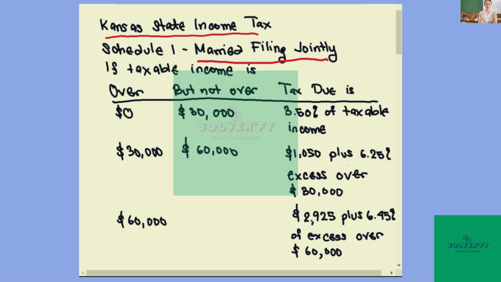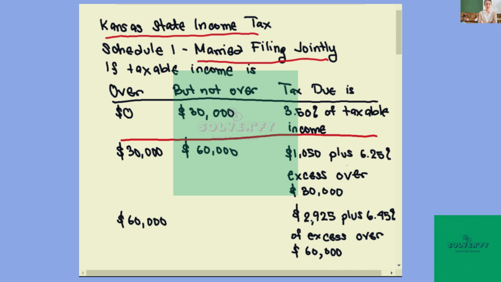We have category one, wherein the taxable income is above $0 but does not exceed $30,000. According to the rule, whatever the taxable income is, just take 3.5% of that.